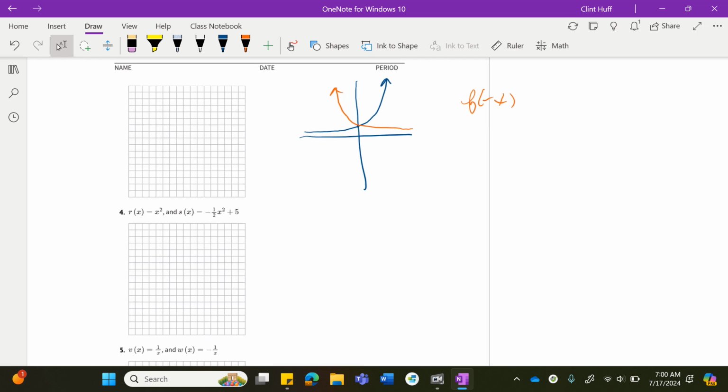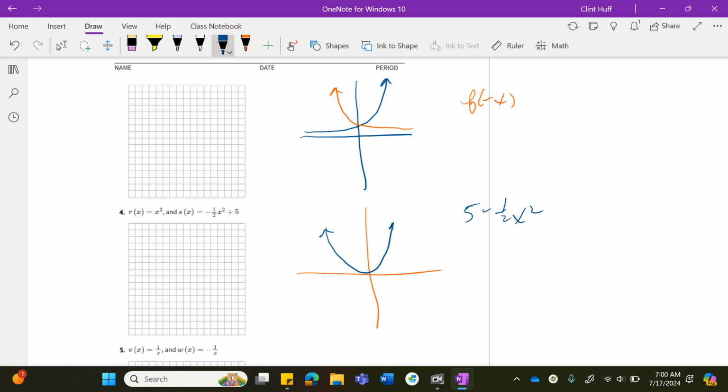On number 4, our original graph is our parent function x squared. That's coming down around that way. And the next one, negative 1/2. I would think of that almost like 5 minus 1/2 of x squared.